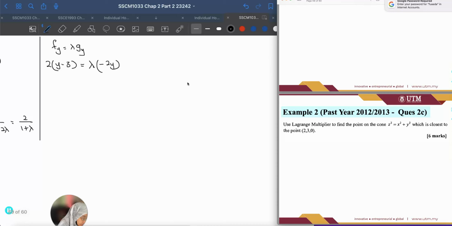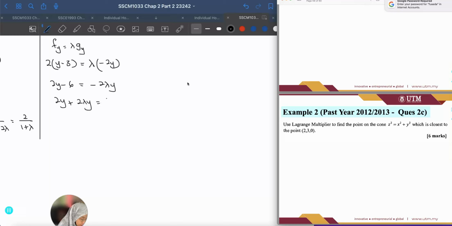So we got 2y minus 6 equal to negative 2 lambda y. 2y plus 2 lambda y equal to 6, factorize y. So 2 plus 2 lambda equal to 6. Y is 6 over 2 plus 2 lambda, and we have 3 over 1 plus lambda.